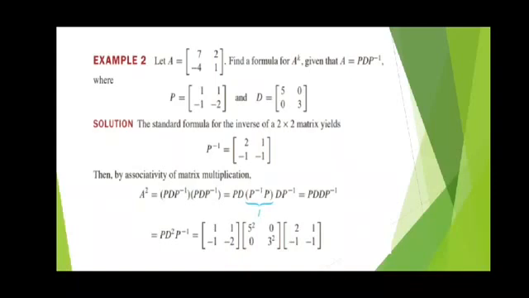Here we calculate the P inverse value. 1 by ad minus bc: ad minus bc means 1 into minus 2, minus 2, minus of minus into minus, plus 1. Minus 2 plus 1 will be minus 1.